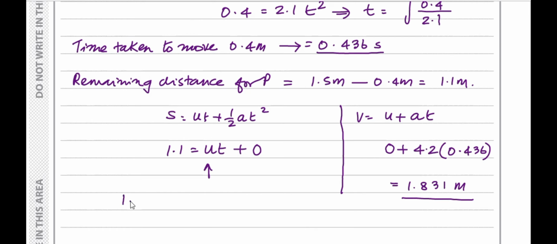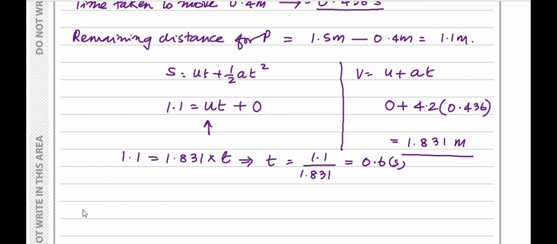Therefore, we can write 1.1 equals 1.831 meters per second times the time, and we are going to figure out what this time is now by dividing 1.1 by 1.831, which is equal to 0.6 seconds.